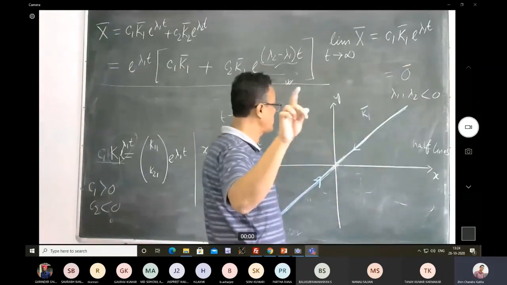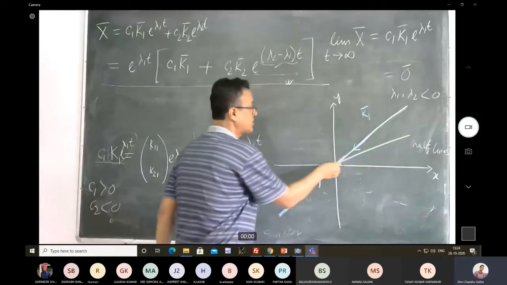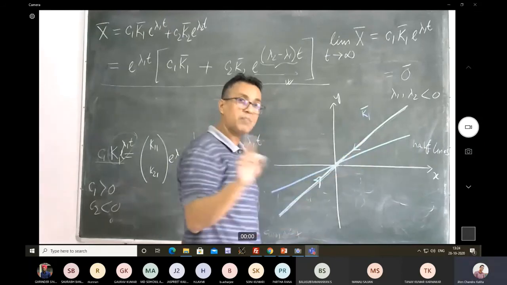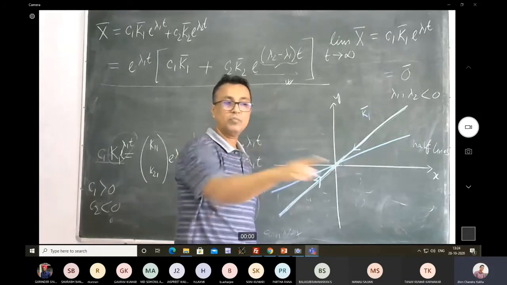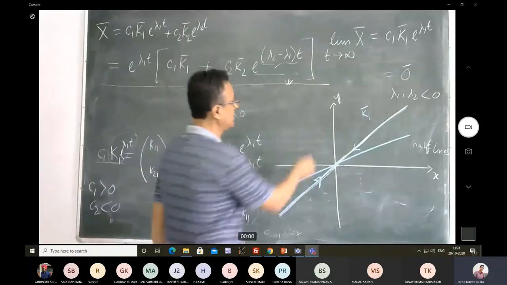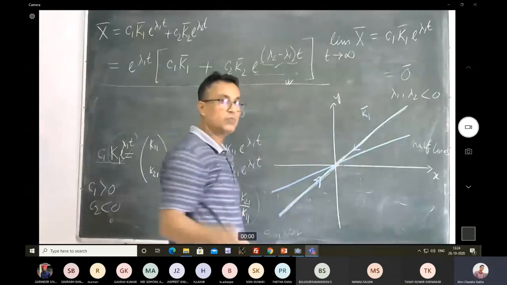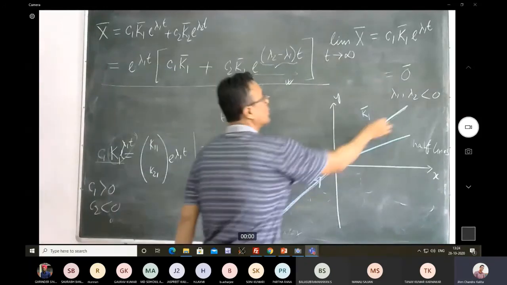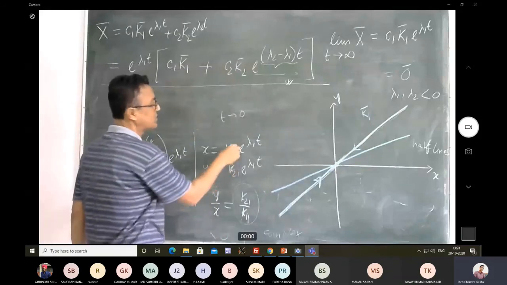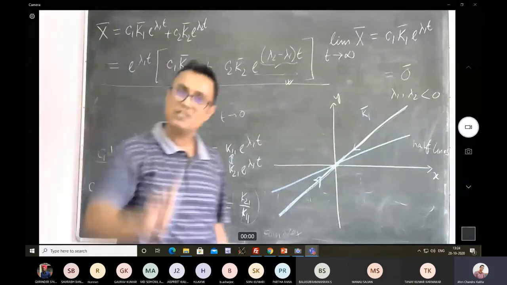Here they are drawing both the vectors k1 and k2 in the same quadrants. Remember, it is not necessarily so. In Sneddon's book and Simon's book, they draw K1 here, K2 there, something like that. You don't need to worry about it. Where these vectors K1 and K2 lie depends upon their respective entries, whether they are of the same sign or different sign. Is it okay with everybody?